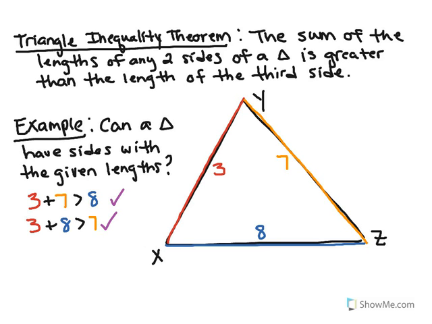Let's try the third pair, which is going to be 7 plus 8, and that sum should be greater than 3. And 7 plus 8 is 15. That's definitely greater than 3. So these actually would make a triangle, and all of the sides would connect. And that's pretty cool. And that concludes this tutorial.